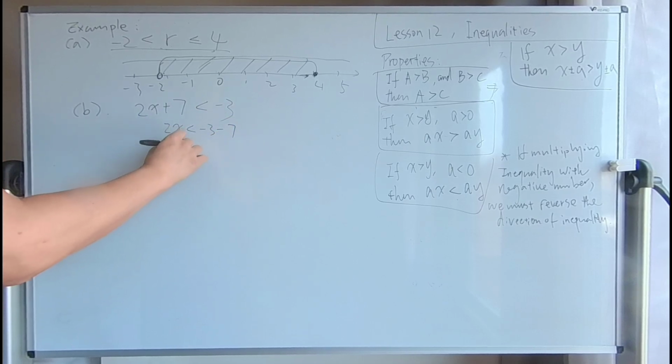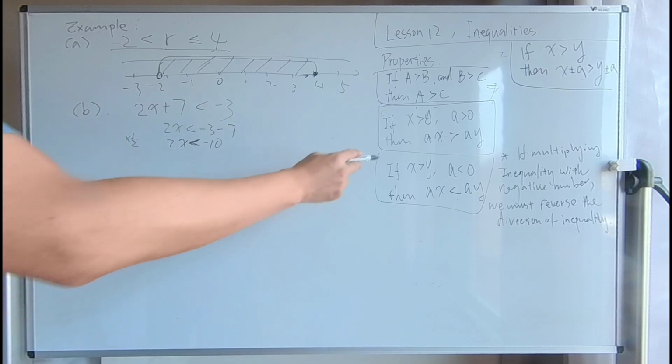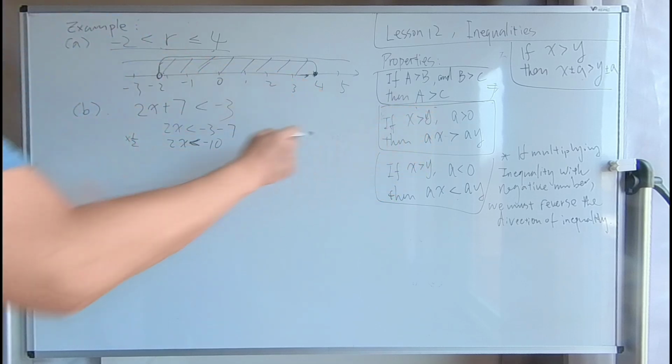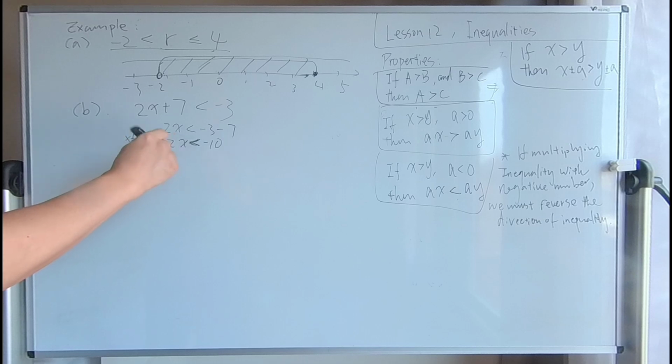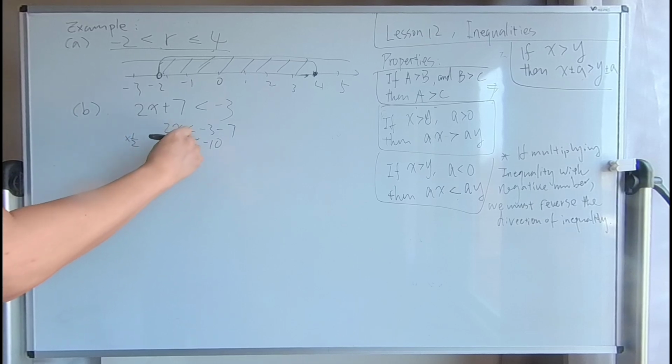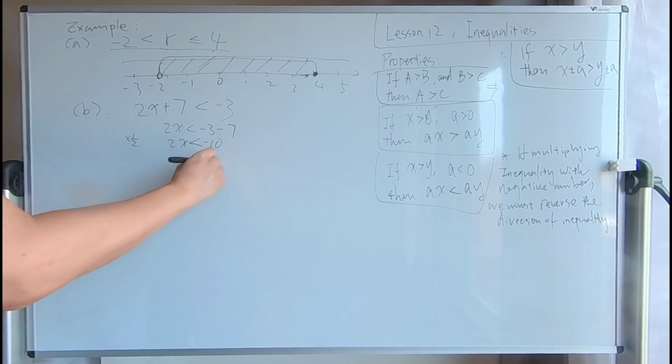So I got 2x less than minus 10. Then I can divide by 2 on both sides, and because dividing by 2 is equivalent to multiplying by 1 over 2, and this is a positive number, I don't need to reverse the sign. Basically, the inequality sign does not change, so I have x less than minus 5.